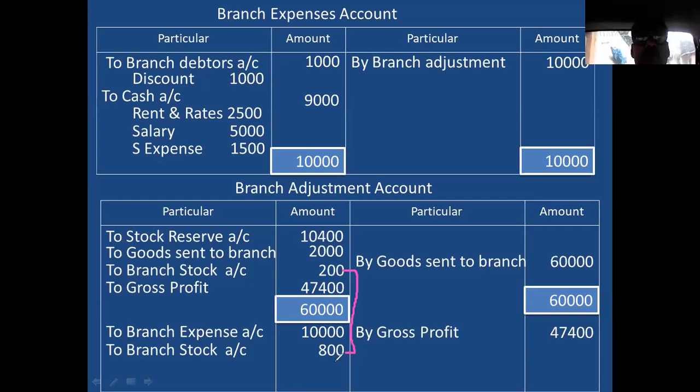This is the point you remember while recording the deficit. If the surplus is there, you record on the credit side. Okay. This is the point you remember regarding deficit and surplus. Then you close the account and ascertain the balance.